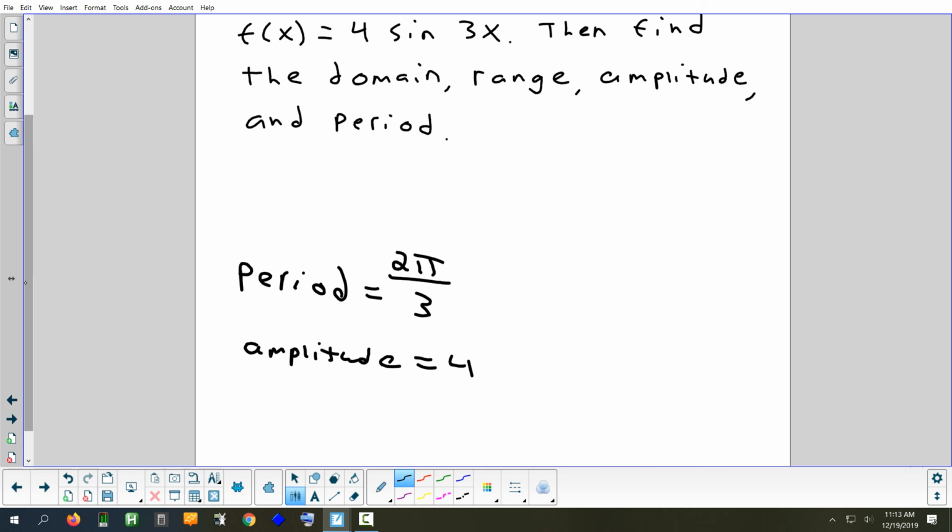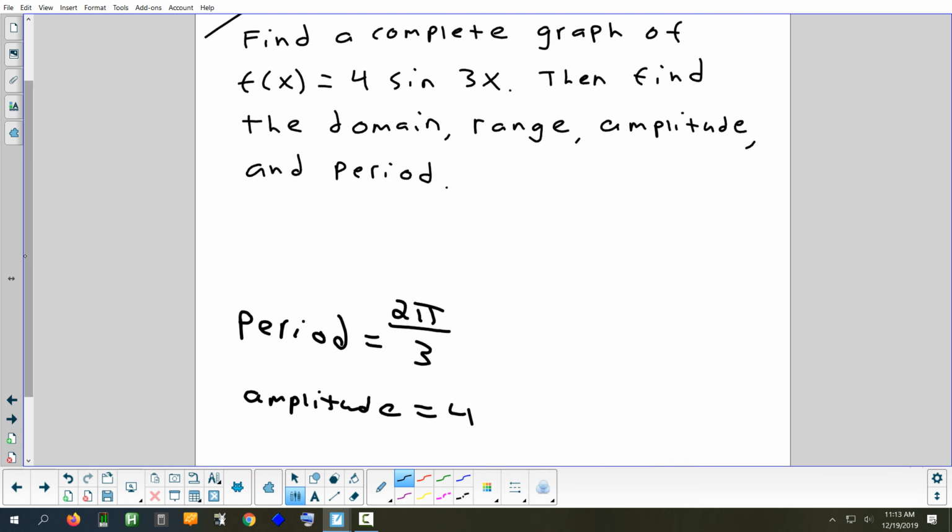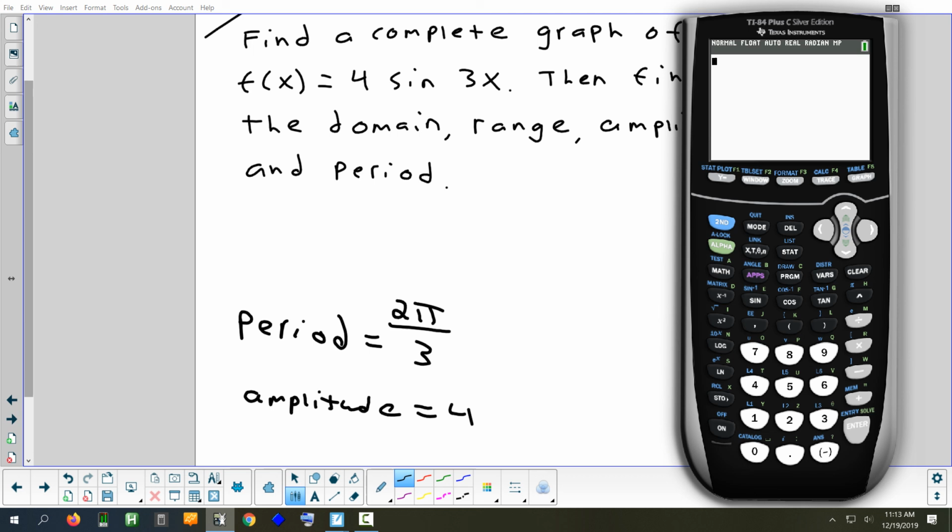Okay, and the other stuff, it would be helpful to have a visual. Okay, I want to show 2 cycles of that graph for sine 3x.